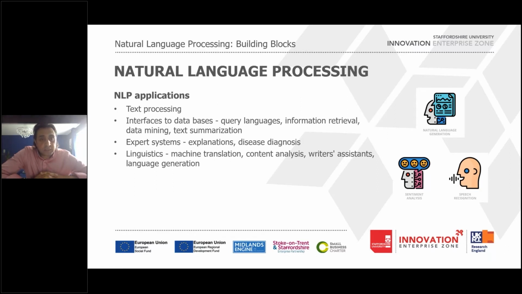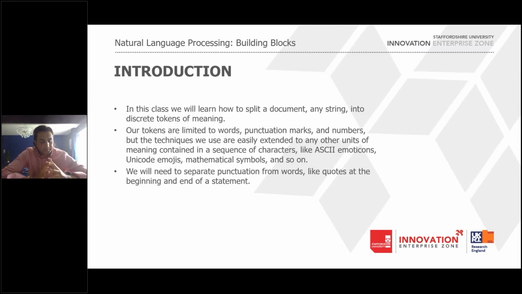The applications of natural language processing include text processing and interfaces to databases or query languages, sentiment analysis, information retrieval, language generation, expert systems for disease diagnosis, for some explanations, and chatbots, of course. So these are some of the applications for natural language processing.